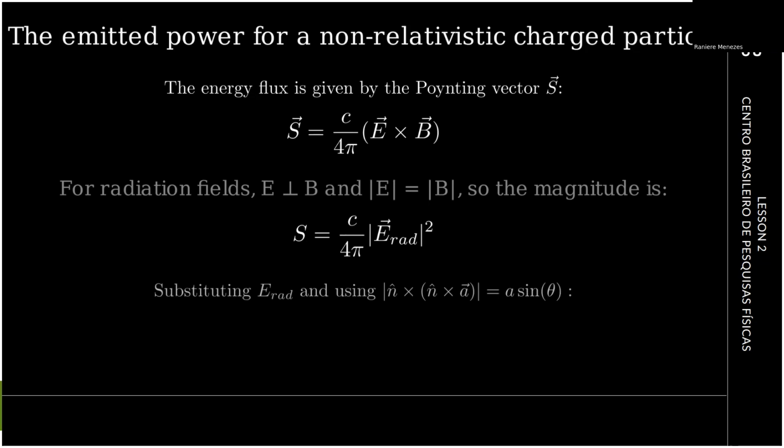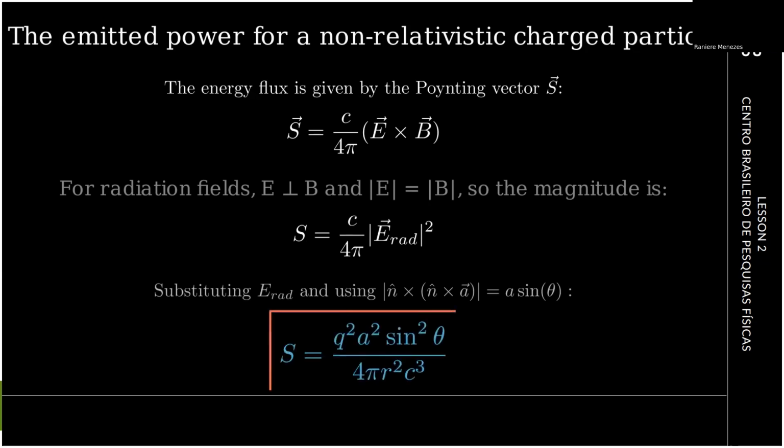If we substitute the radiation field that we found in the previous slide, we find the formula for the total flux. Is this clear? Okay. This is just because I substituted the field that we assumed in the previous slide here. So this is the Poynting vector for the emitted radiation for an accelerated charged particle.